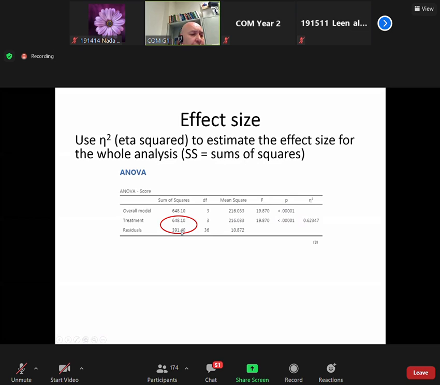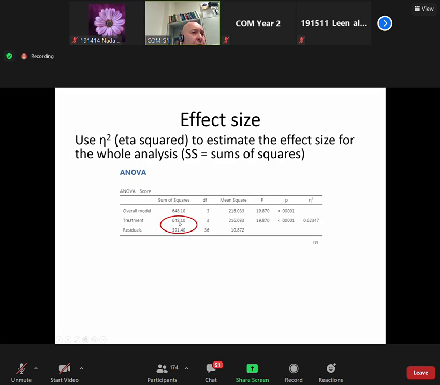Sums of squares are the differences from the means squared, the sum of them, depending on which mean you're talking about. If you're talking about the grand mean, you'll get the residuals here. If you're looking at the treatment, then you need to look at the four individual means, as I did in the previous example. Okay, so these two numbers here, these are the sums of squares.